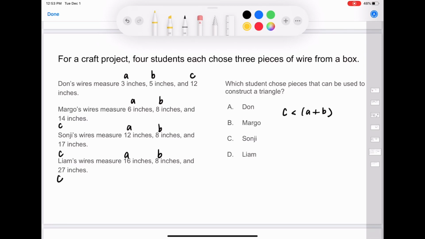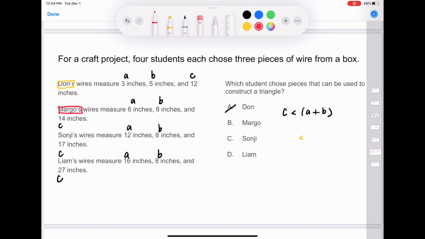I'll color coordinate, so Dawn will be yellow. So we have 3 plus 5 is greater than 12. Well, 3 plus 5 equals 8. So 8 is not greater than 12, so Dawn cannot be correct. Let's look at Margot. I'll make Margot red.